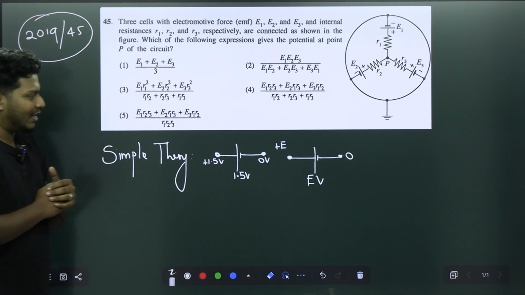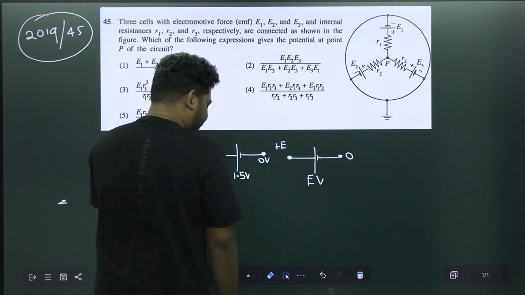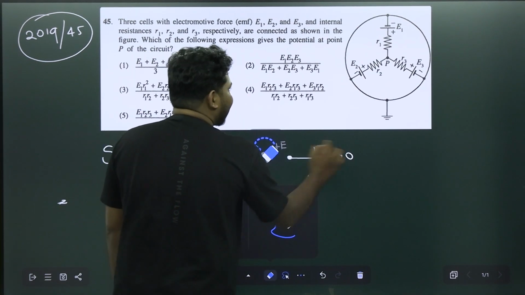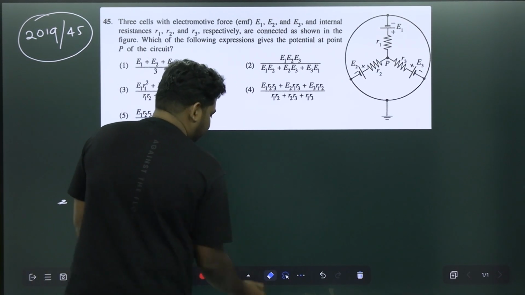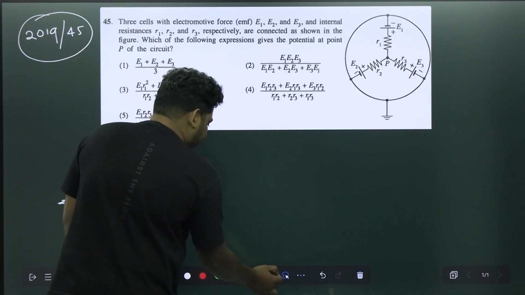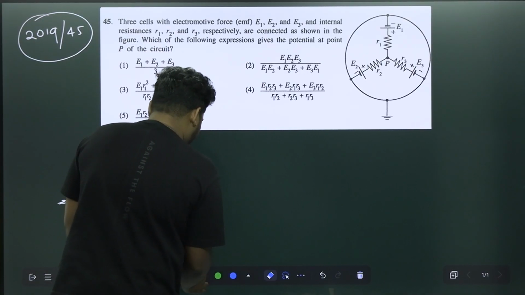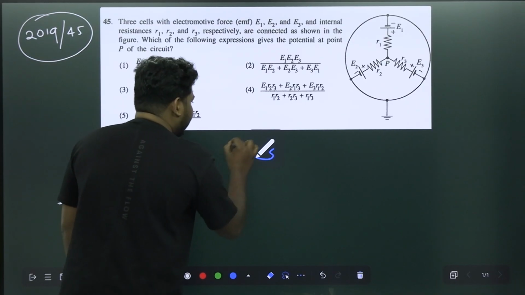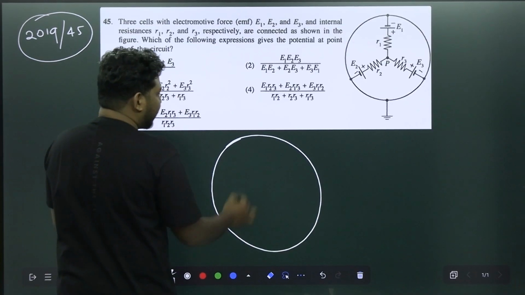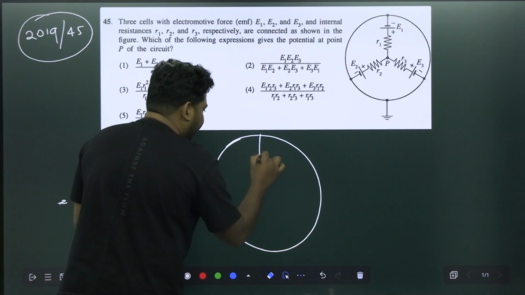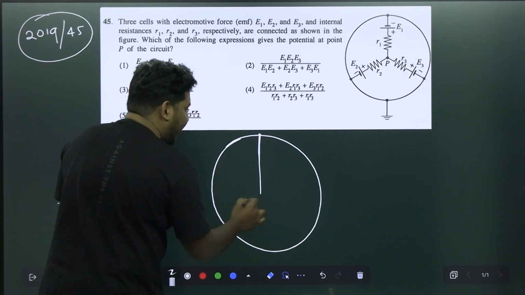Look at this one. I am taking this circuit now. Let's erase this. This is the circuit, no? It looks like this.